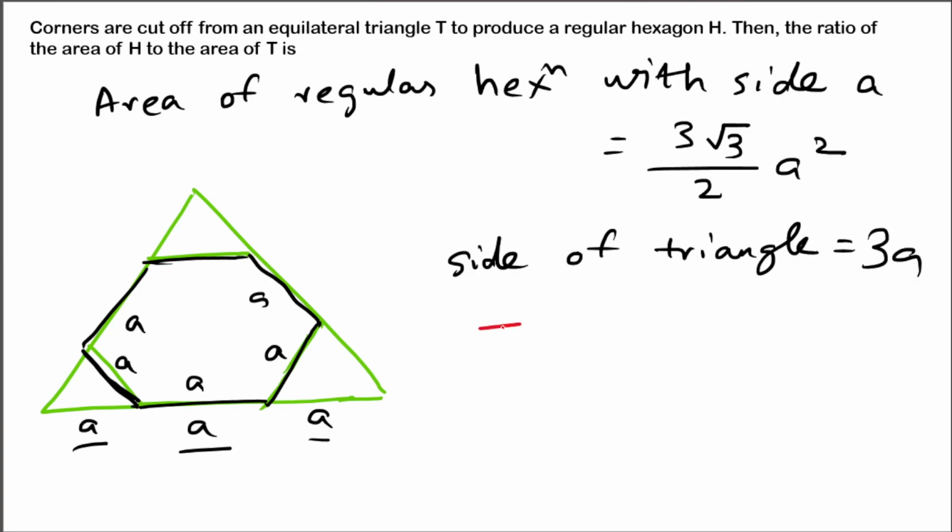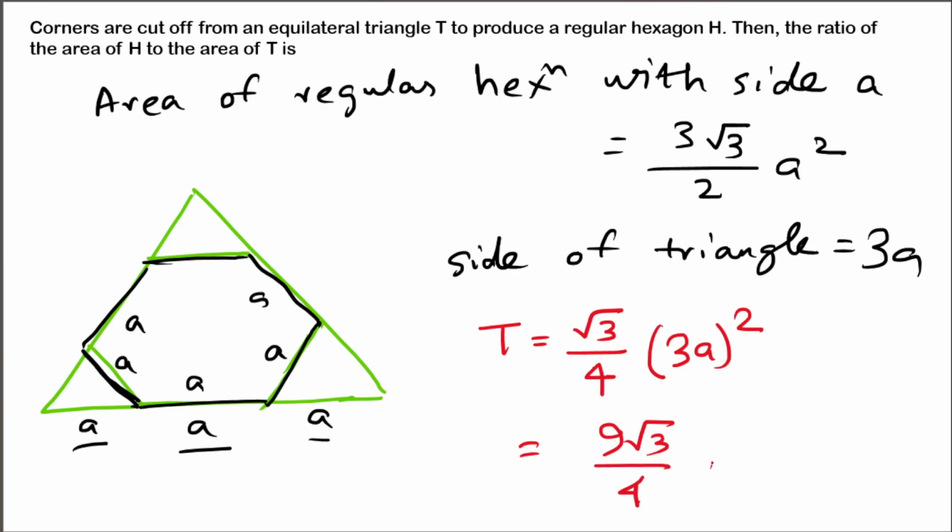So the area of the triangle is root 3 by 4 a square, not a square actually, because we have to have 3a whole square since the side is 3a. So this is 9 root 3 by 4 a square.